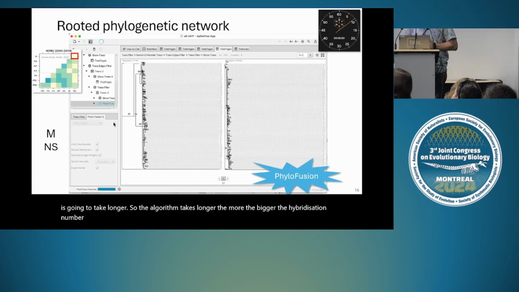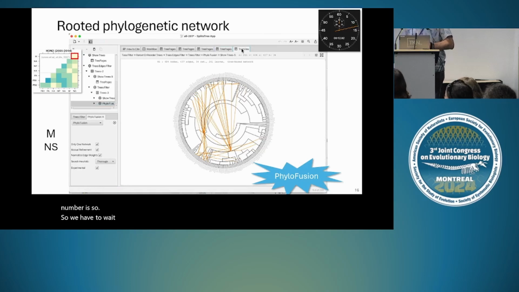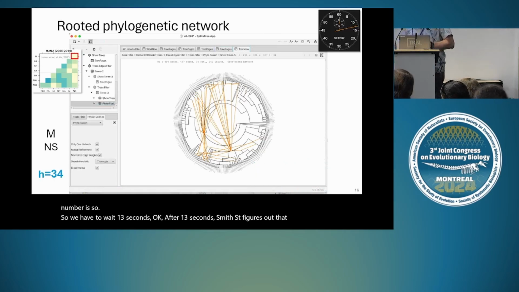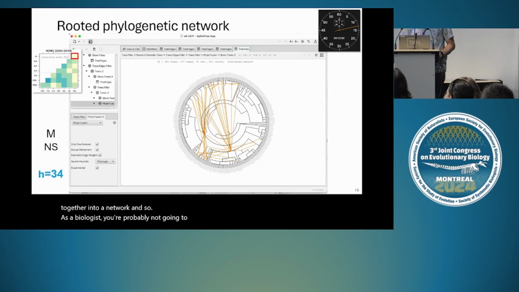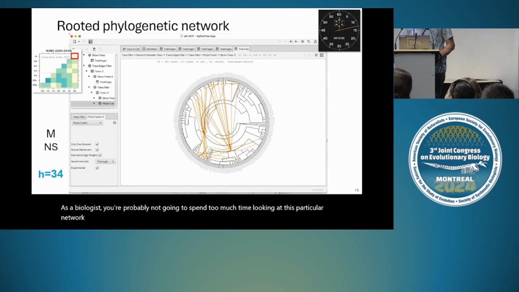So we have to wait. We have to wait 13 seconds. Okay. After 13 seconds, SplitsTree figures out that for these 2 gene trees, the hybridization number is 34 to embed them together into a network. And so, as a biologist, you're probably not going to spend too much time looking at this particular network because it's quite complicated.